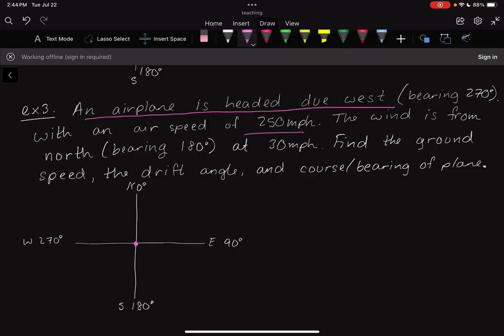So that means that the plane is going this way, and 250 is the size of that vector. So remember that vectors will always have a magnitude and a direction. So the direction is that we're going towards 270 degrees. The size is 250. So that's also making it kind of long.